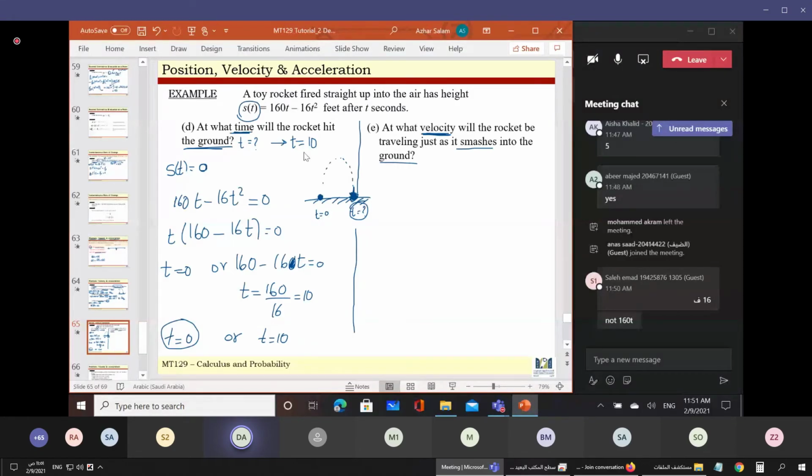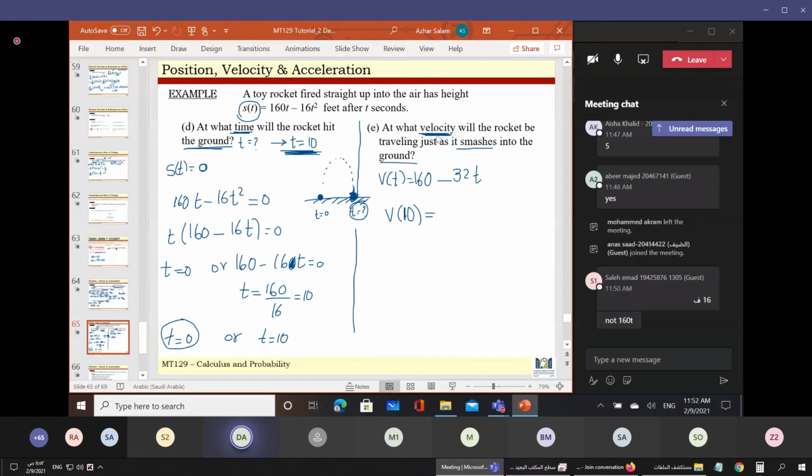We know now the time at which the rocket hits the ground, which is t equals 10. And I have the velocity v of t, which was 160 minus 32t, and I have to substitute with 10 to find the velocity at the 10th second.